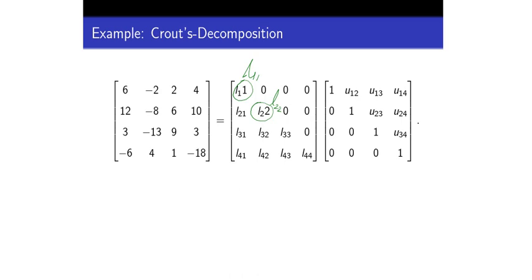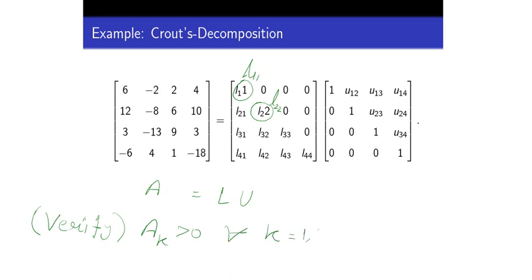So in the Crout decomposition, you need to write A as L into U, where the upper triangular matrix has diagonal entries equal to 1. Okay. So again you need to go for a similar procedure. First you need to verify for a given matrix that A_k is strictly greater than 0 for all k equal to 1, 2, 3 and so on till n.